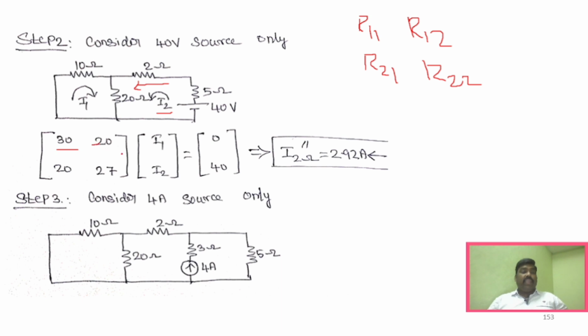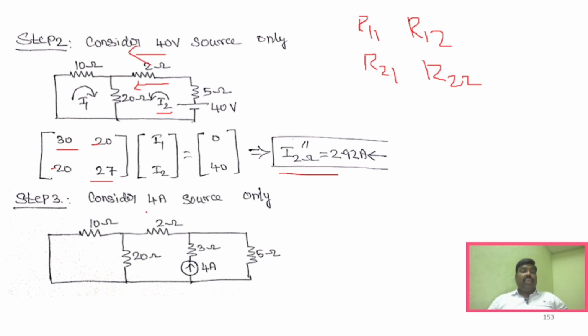Similarly, this will be minus because it is an off diagonal element. And this is the total resistance across this mesh, 20 plus 2 plus 5, which is 27. From this we can find out the I2 current. I2 current is 2.992, which is in this direction across this particular 2 ohm resistor, right?